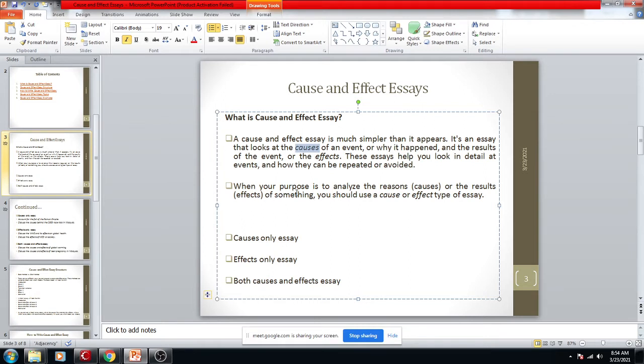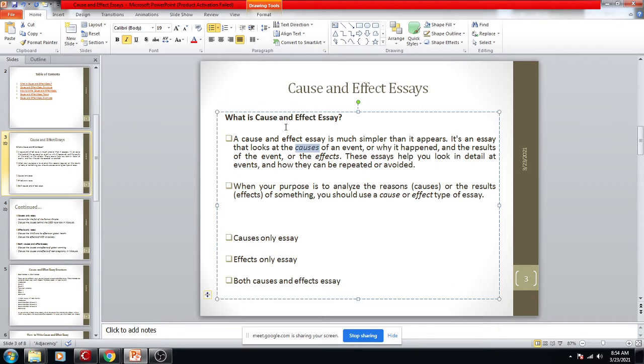And so, when your purpose is to analyze, to discuss the reasons, the causes in other words, or the results, the effects in other words, of something, you should use a cause or effect type of essay. And so there are three focuses.